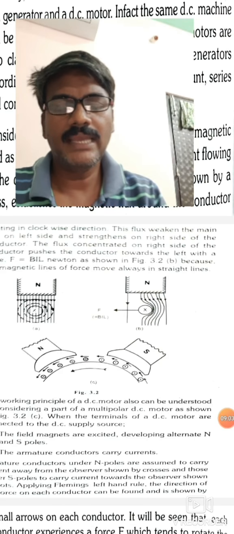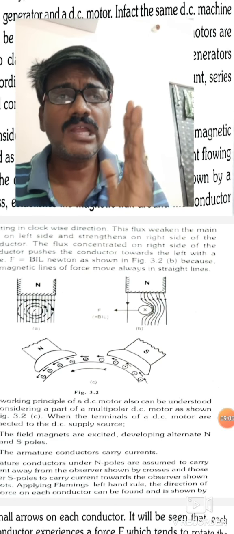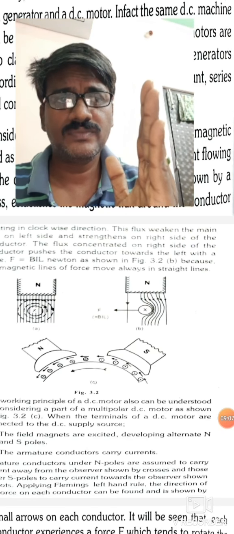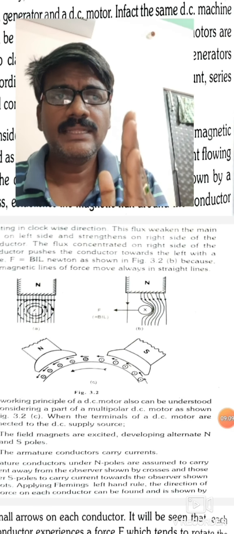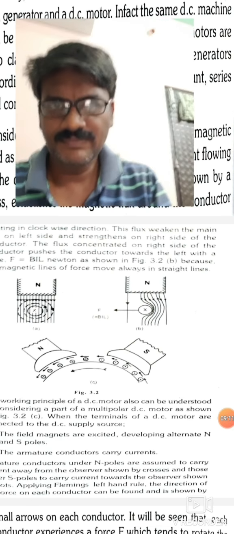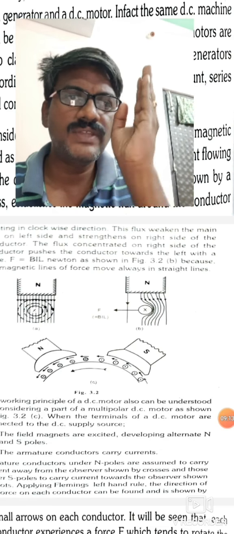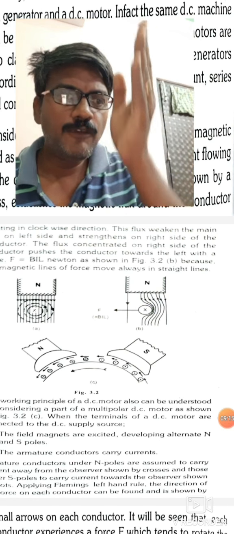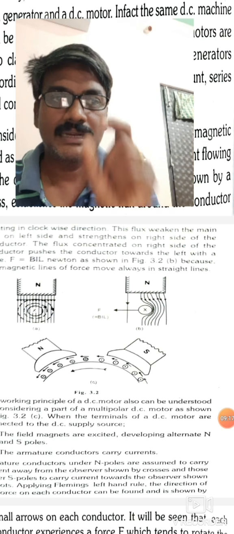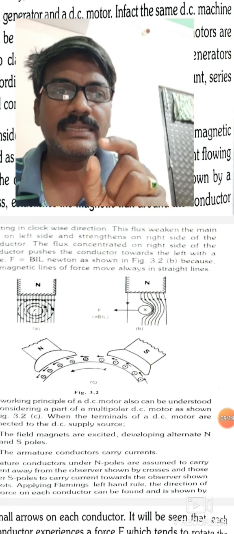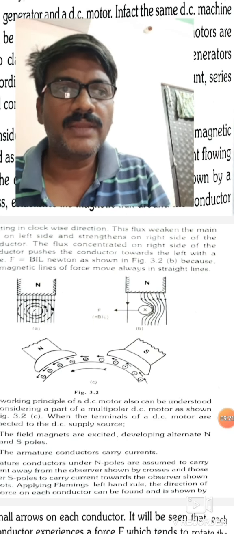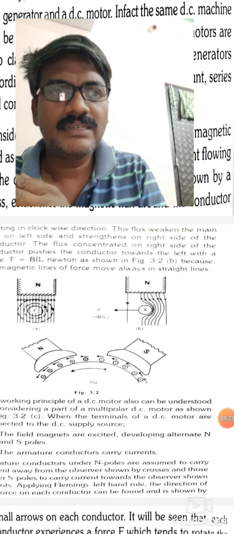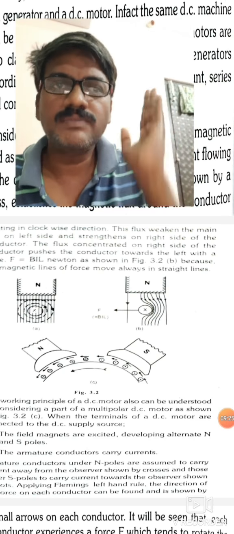Magnetic lines always flow straight, but there is an obstacle in the main flux. What is that? The conductor. Because of that conductor, the flux is bending. Suppose there is no conductor, then automatically the lines become straight.